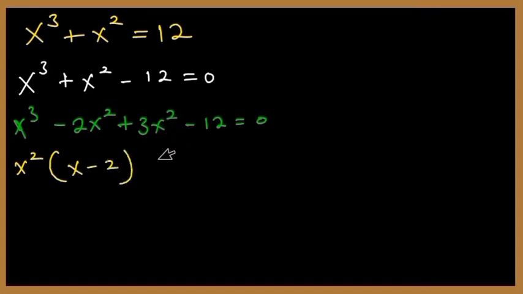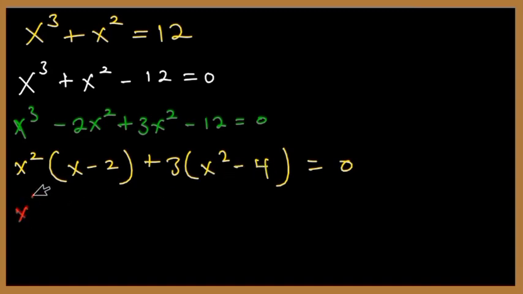From here too I can factor 3 out. So I'll have my plus my 3 out, x to the power 2 minus 4, bracket closes, equals 0. Now we can see that we have a difference of two squares here.